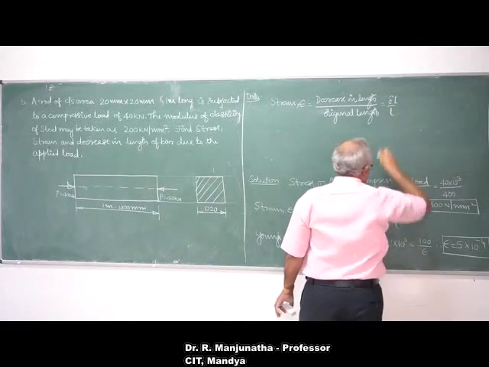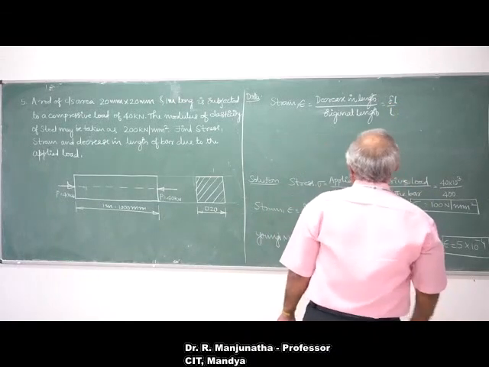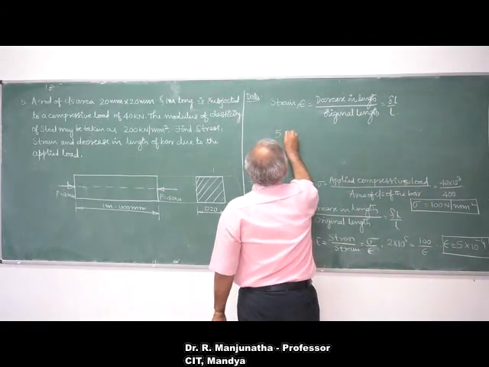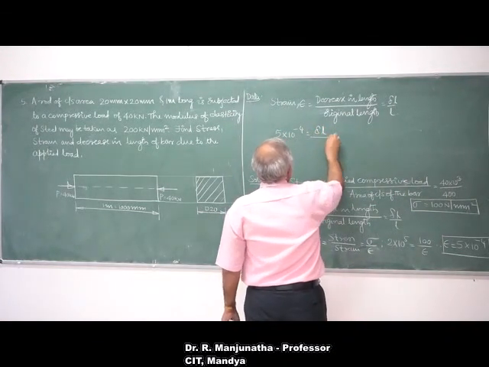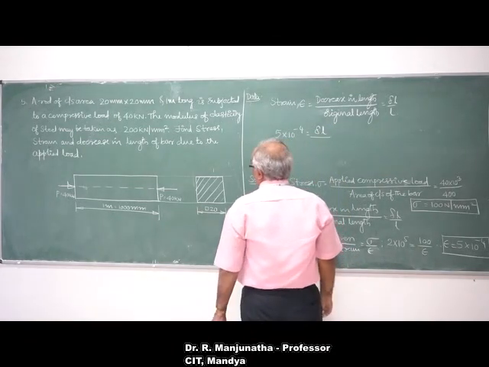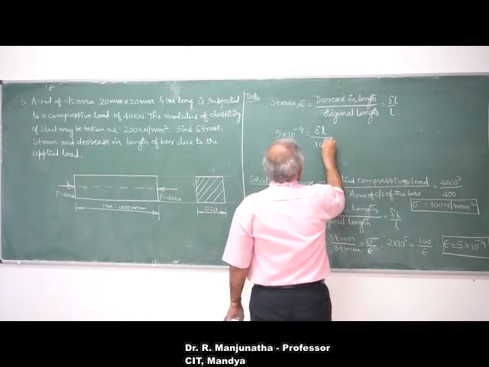What is the strain? The strain is 5 into 10 to the power of minus 4, which is equal to the decrease in length delta L divided by the length of the bar, which is 10 to the power of 3.